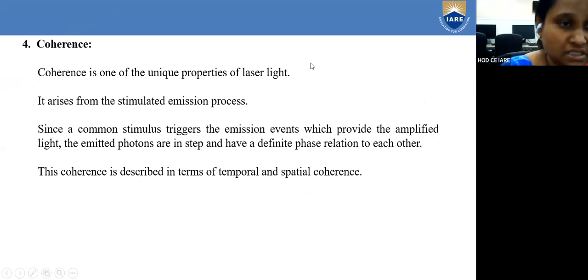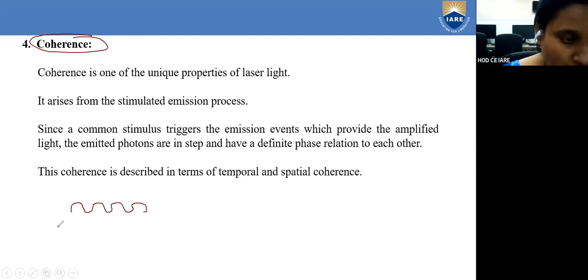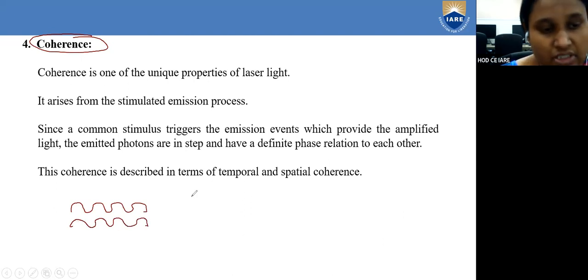Now coming to the last and very important property of laser light, which is coherence. So what do you mean by being coherent? See here, now I'm going to take two light waves. Suppose this is one light wave, and this is another light wave. Both are going in this direction.